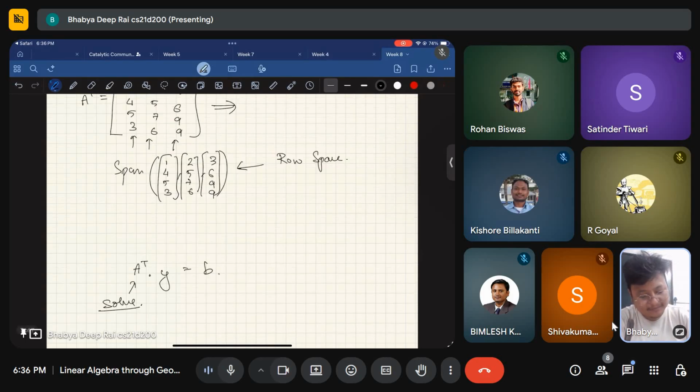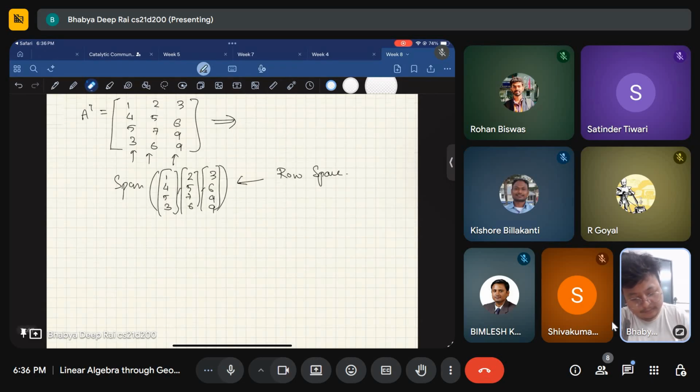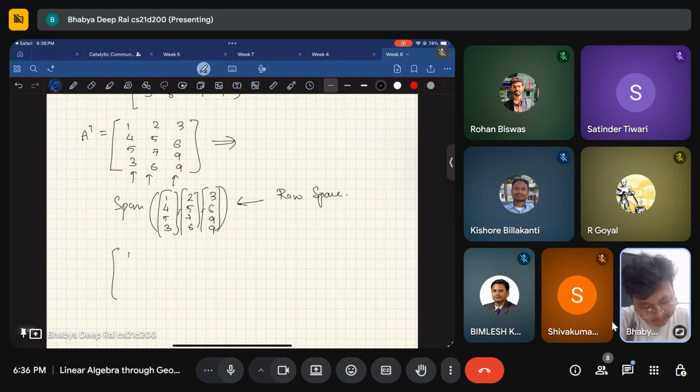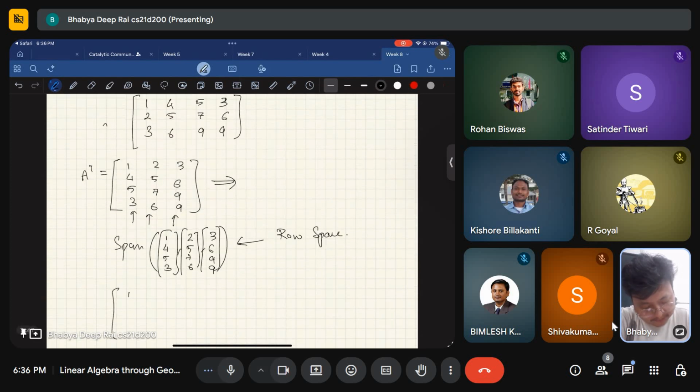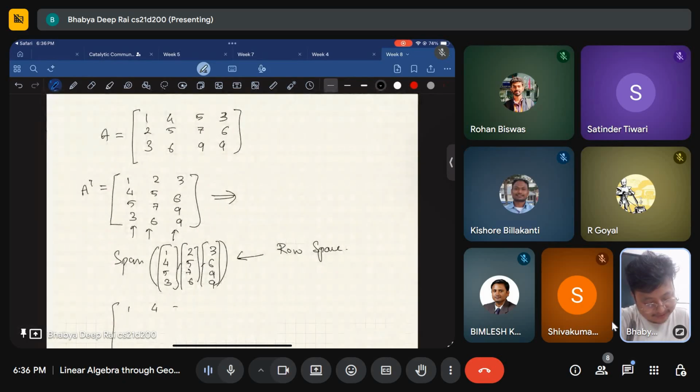Okay, let's do Gaussian elimination. The original matrix itself was, so if I do column operations, it means I'm doing row operations.